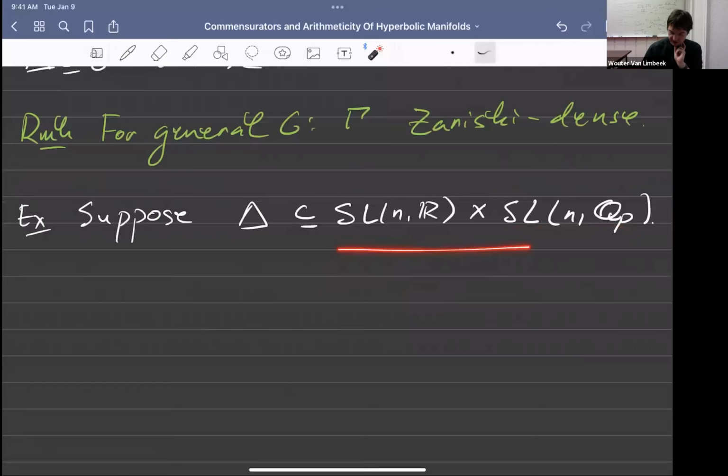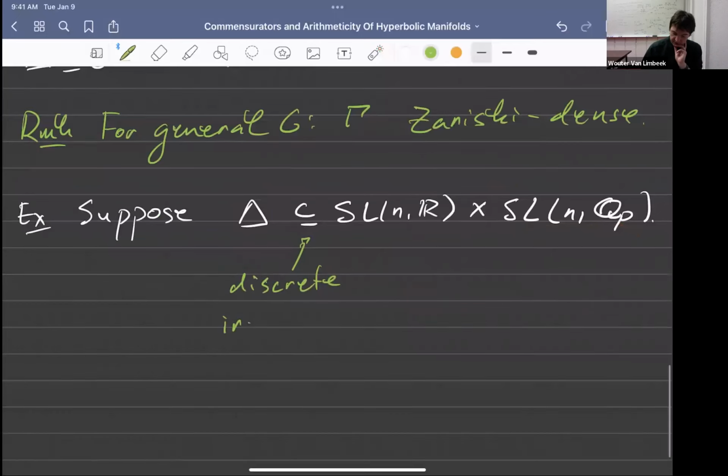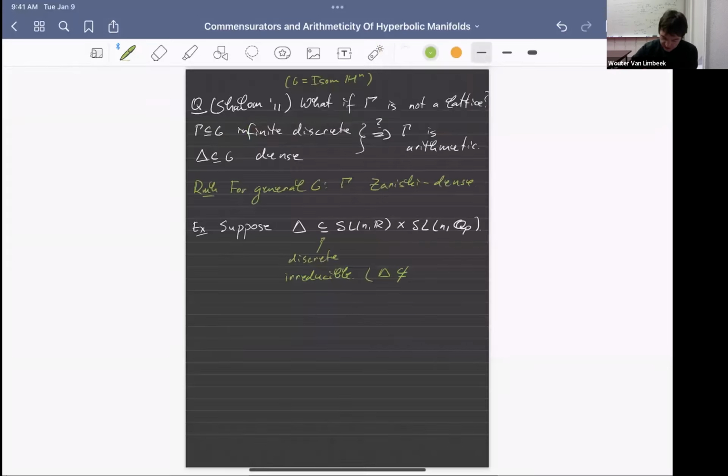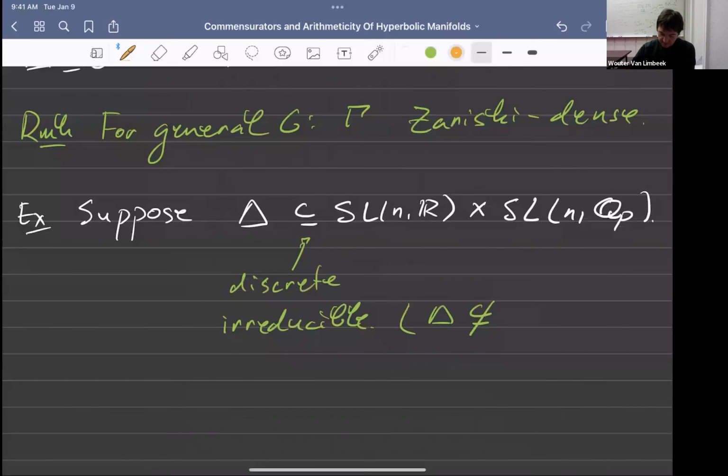So suppose that you had this, and suppose that this is a discrete subgroup in this product and irreducible. So what should irreducible mean? By irreducible, I mean that delta does not lie in a smaller product. Delta is not contained in any smaller product.